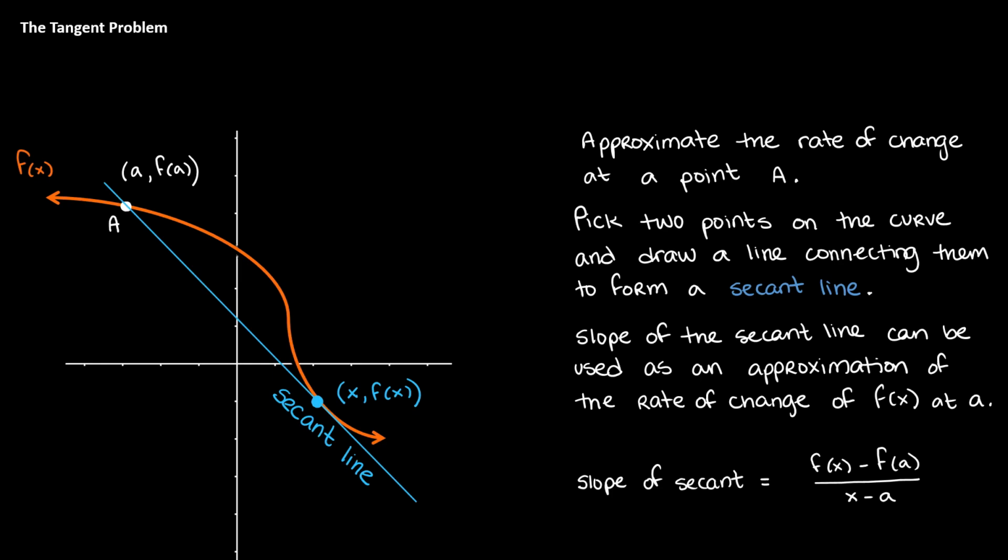So this slope of the secant line is an approximation for the rate of change of this function. Notice that our function is nonlinear, but we're using a linear function to represent our rate of change. If you pick points that are too far away from each other, they're not going to do a great job of approximating your rate of change.